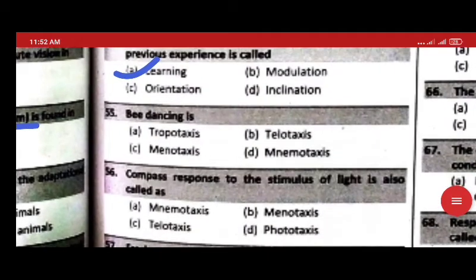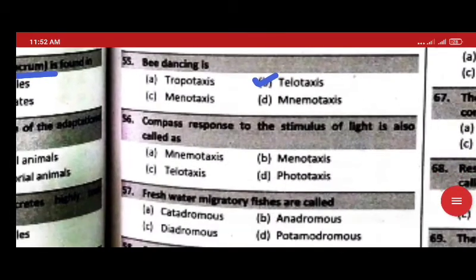Now we have 55. 55 number question is bee dancing. So bee dancing is for food, and that comes under which type of adaptation? So option B, because B is given. Now compass response to a stimulus of light is called, so phototaxis, D.